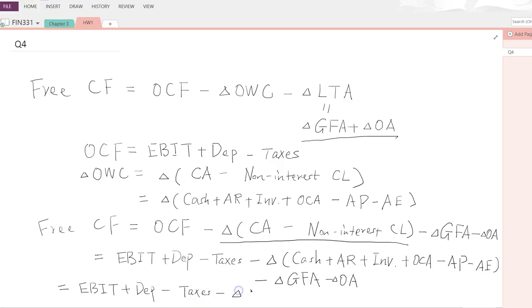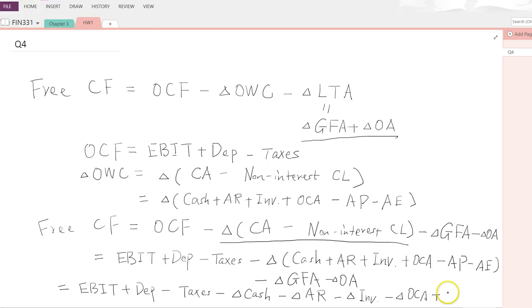minus the change on cash. So basically I do the change on each of the items inside the parentheses. So minus the change on accounts receivable and minus the change on inventory and minus the change on other current assets. And then we have a negative sign here and we have a negative sign here. So negative becomes positive.